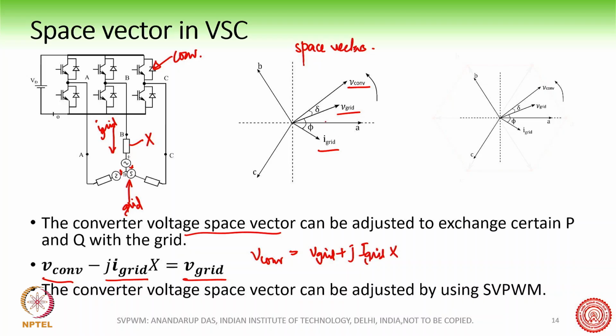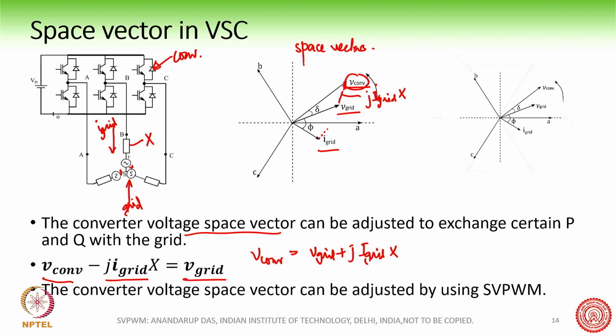So if this is V grid, then J I grid X will be like this. Okay, so this is the J I grid X, right? So you can see how we are drawing the three space vectors.